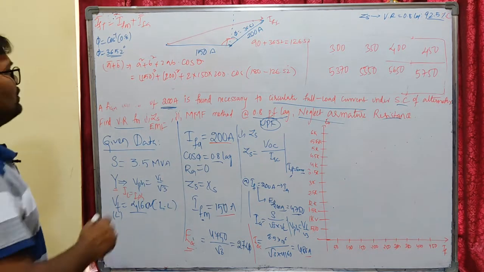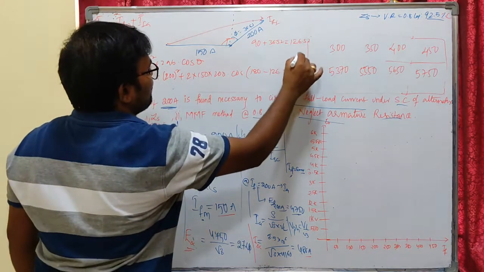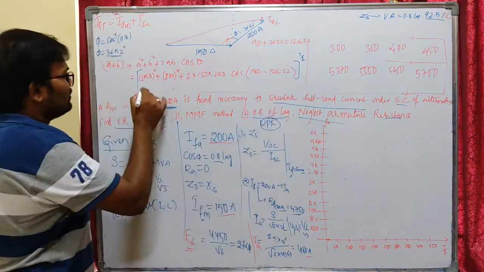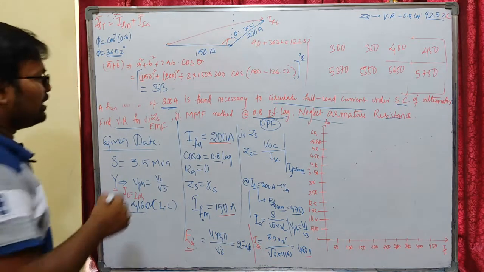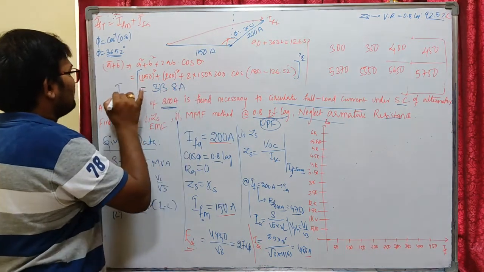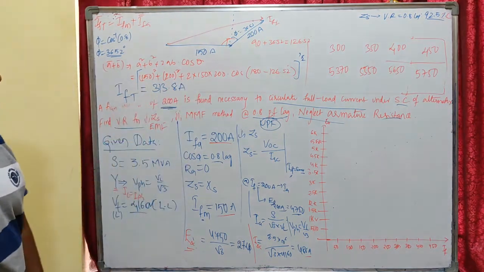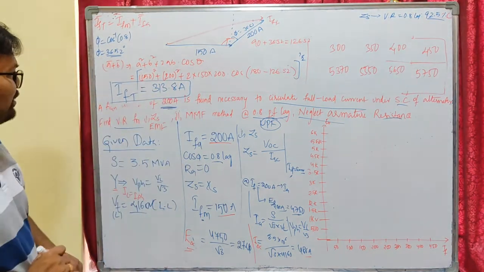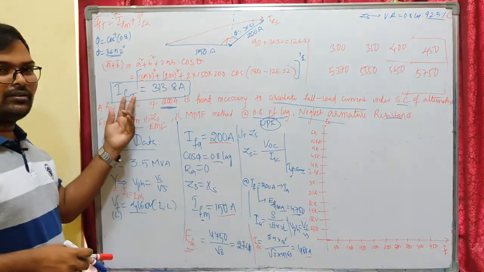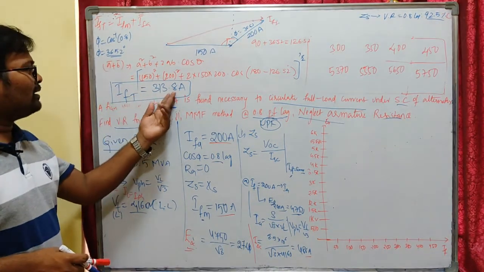I hope you know the parallelogram law, right? That will be equal to 313.8 amperes. The total field current, the sum of open circuit field current and short circuit field current, is 313.8 amperes.